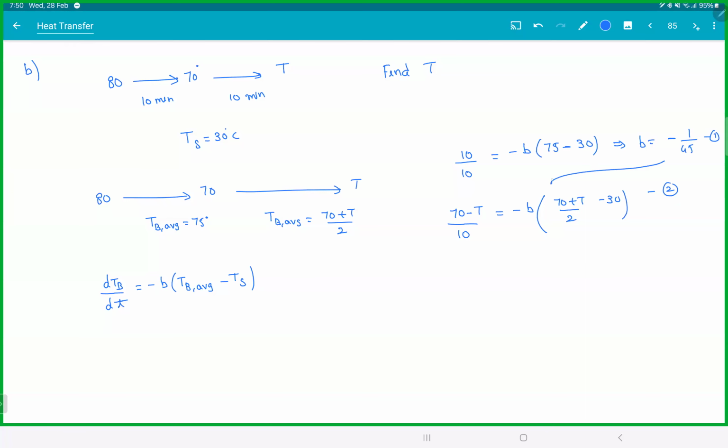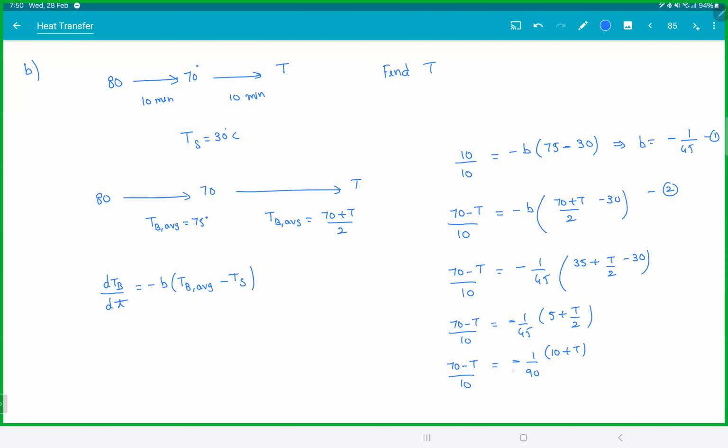Take this B and dump it in this. This is (70 minus T) by 10 equals minus 1 by 45 times (35 plus T) by 2 minus 30. (70 minus T) by 10 equals minus 1 by 45 times (5 plus T) by 2. (70 minus T) by 10 equals minus 1 by 90 times (10 plus T).